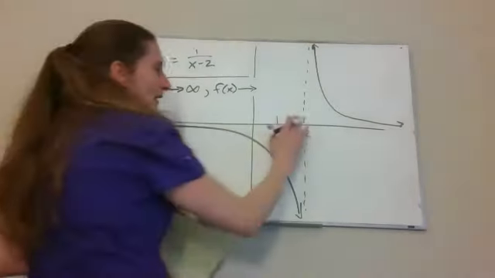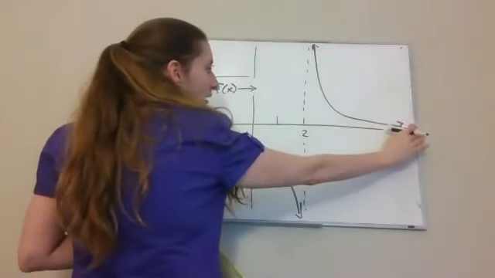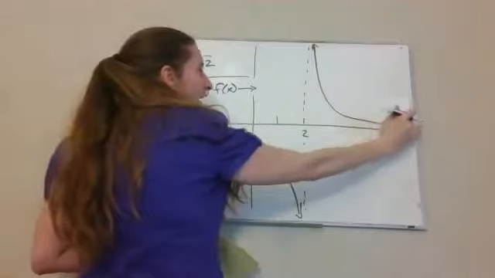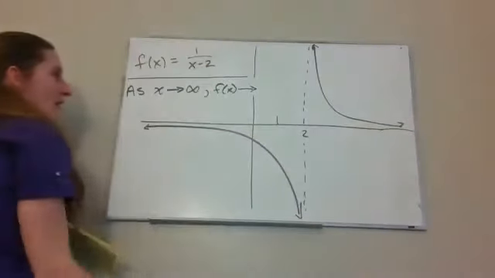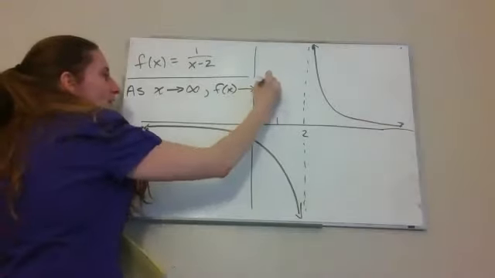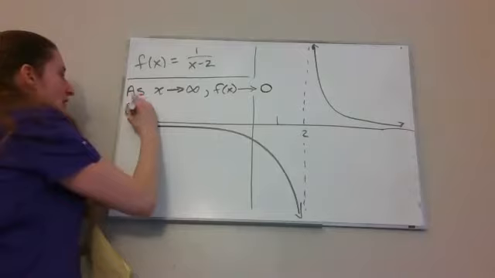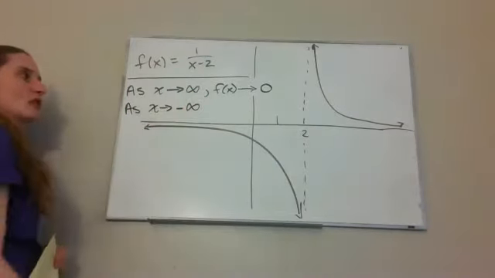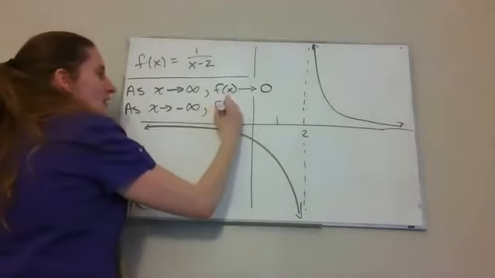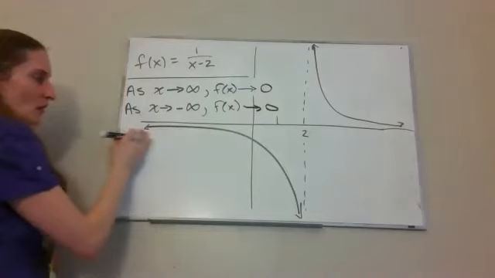And you can see as we get closer and closer to infinity, meaning my x is getting bigger and bigger and bigger, my graph is flattening out to my x-axis, which is y equals 0. So f of x approaches 0. And similarly, we can look in the other direction. As x approaches negative infinity, my function goes to 0.